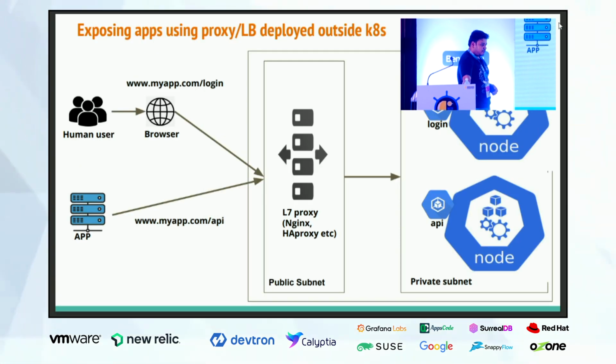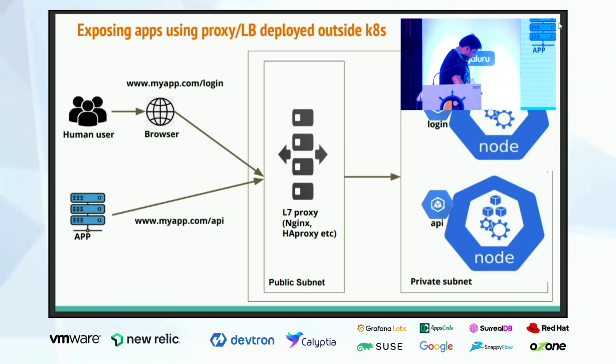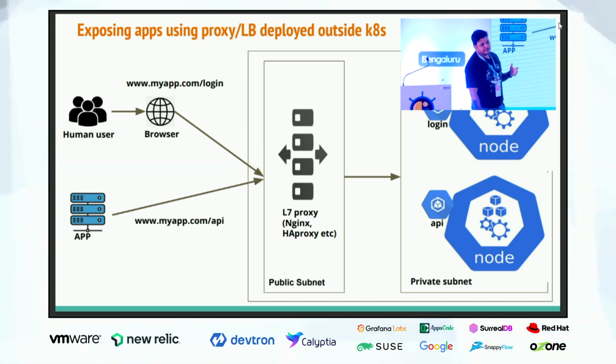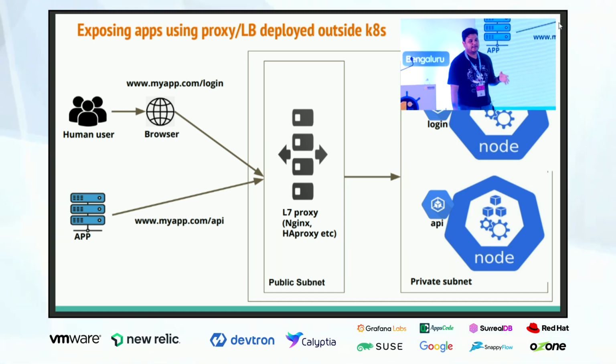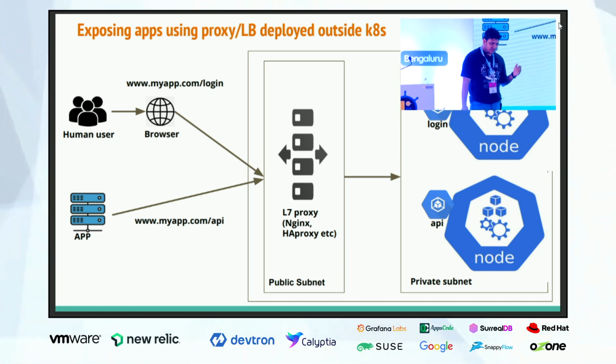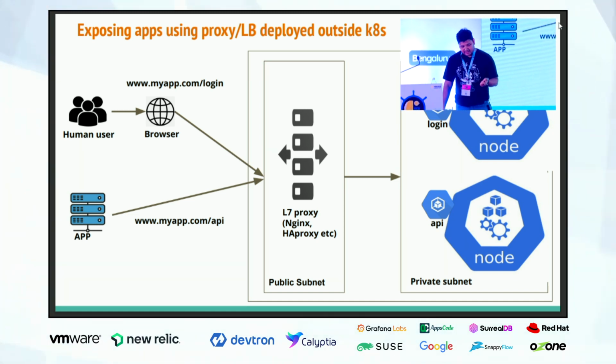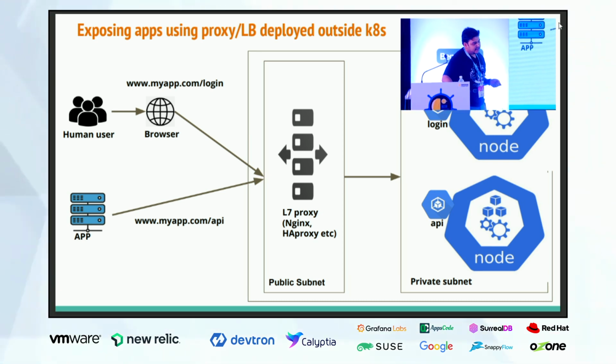So instead of using a service of type load balancer, we can deploy an L7 proxy of our choice, right? There are many vendors who provide L7 proxies. We can use Nginx or any other which we want.